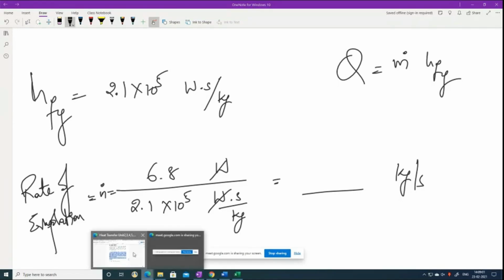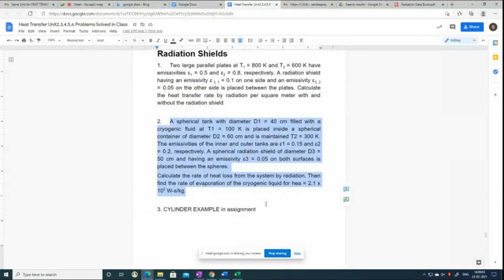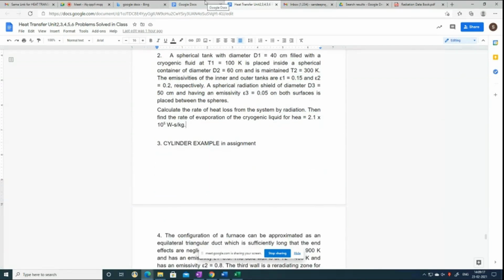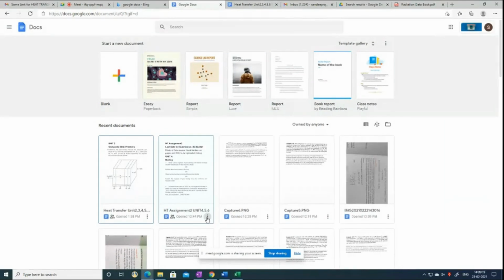See, I have given the cylinder example in the assignment, so solve it for yourself. The cylinder example can also be a question for you, so solve the cylinder example also, and that will be of use to you. Where is that assignment?